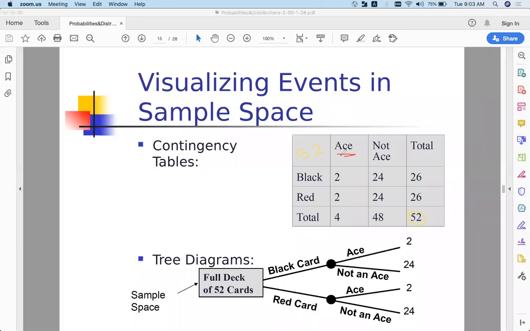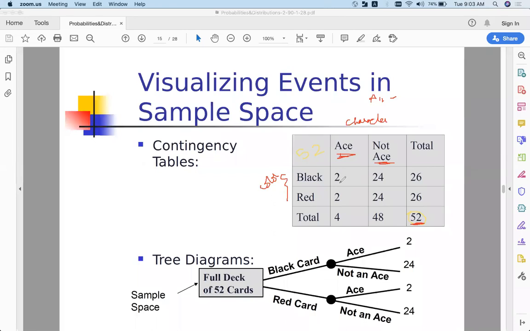Either they are aces or they are not aces. This is your characteristic, meaning ace, 1, 2, Jack or Queen. Now this is your color. I am just breaking down the cards. There are a total of 52 cards only.